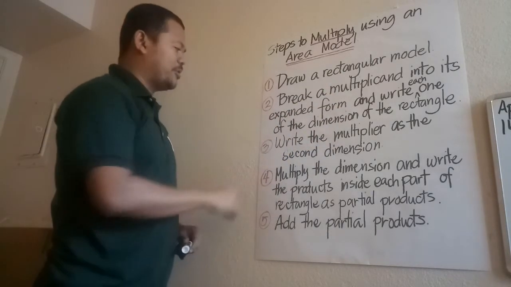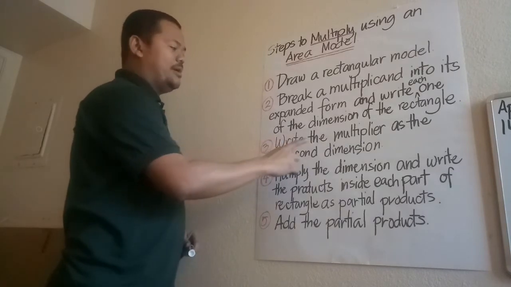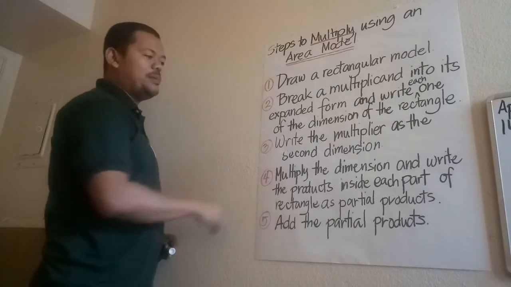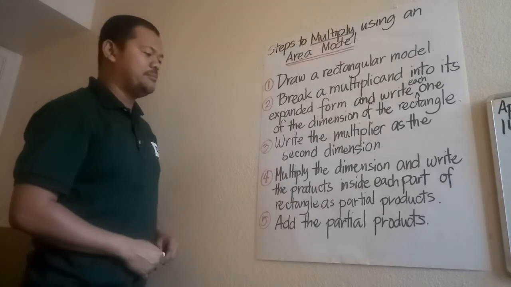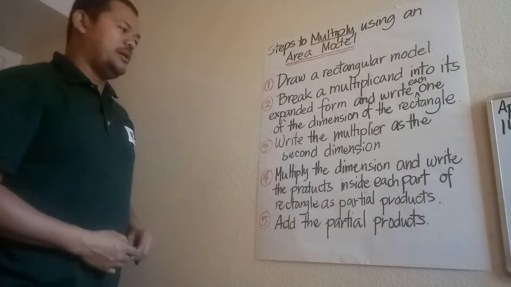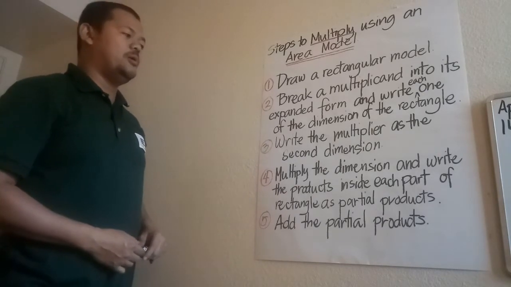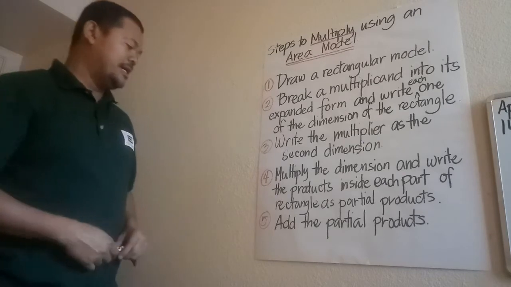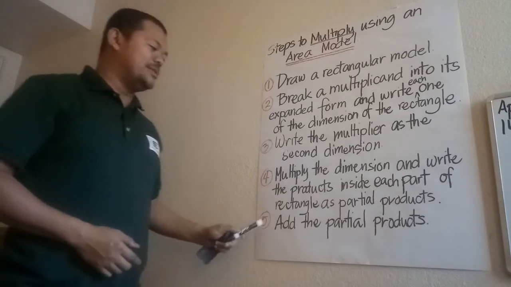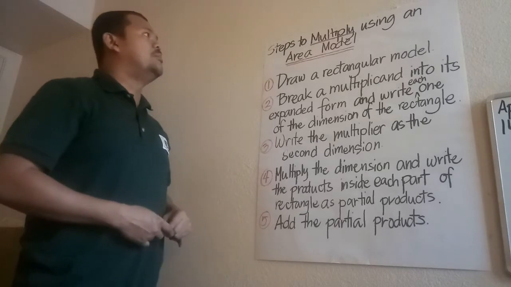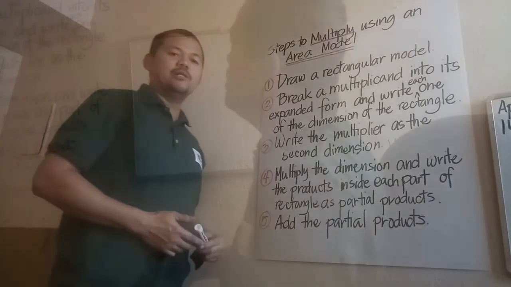Number 3, write the multiplier as the second dimension. Number 4, multiply the dimensions and write the products inside each part of the rectangle as a partial product. Number 5, add the partial products. And that's it. That's all the steps for multiplying using an area model.